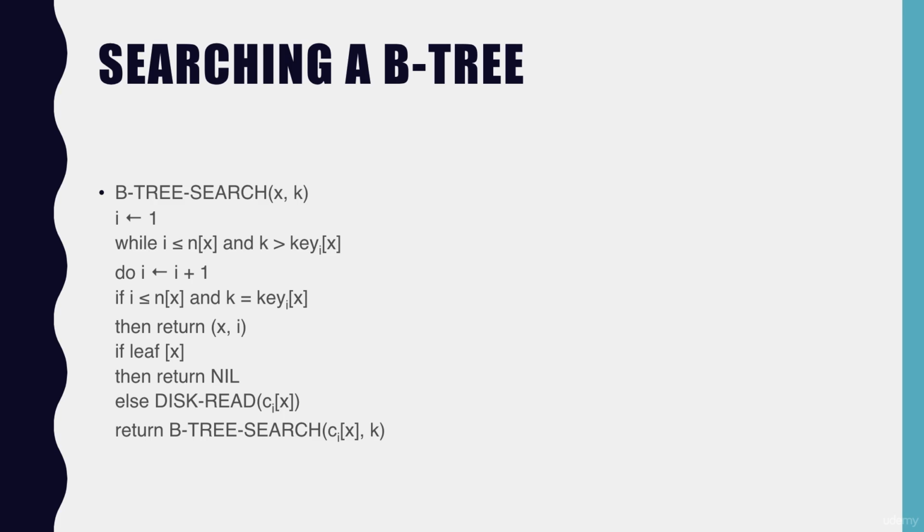The top-level call is thus of the form B-tree search, root of T, k. If k is in the B-tree, B-tree search returns the ordered pair (y, i), consisting of a node y and an index i such that key i of y equals k. Otherwise, nothing is returned.